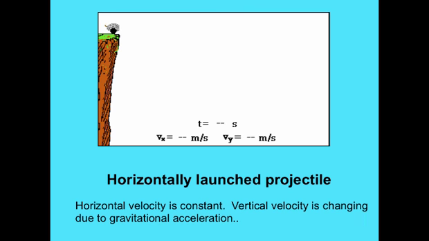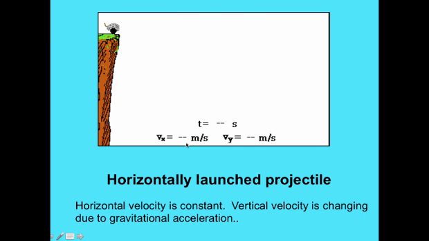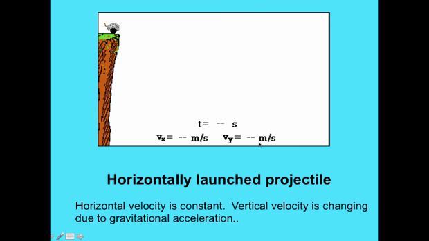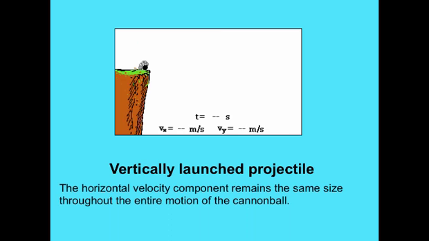Now down here, you've actually got the numerical values. Do you see how the horizontal component is staying at 100 meters per second? But look at what's happening to the vertical component. It's changing by 10 meters per second every second. Remember, we can approximate g to be 10 meters per second squared.